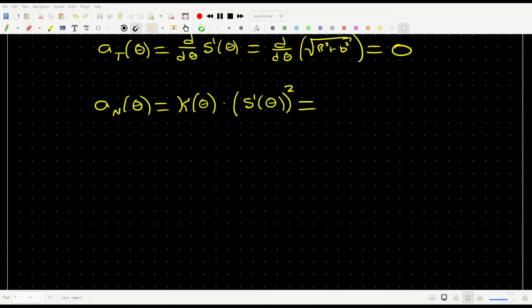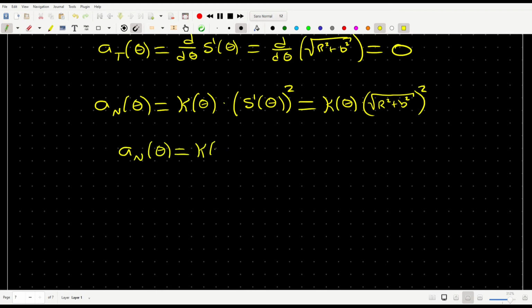And so this is going to be kappa of theta times the square root of r squared plus b squared, squared. So A_N of theta is going to be kappa of theta times r squared plus b squared.